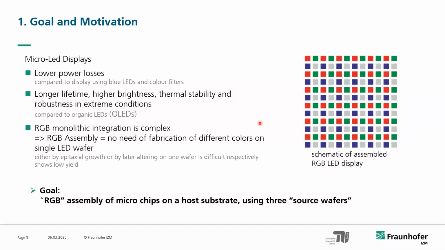One other point is that RGB is quite complex to realize on a monolithic integration. That's why we think that combining from three different sources to achieve an RGB is one of the ways at present to go to a micro display in RGB.